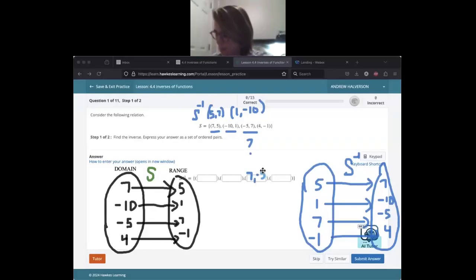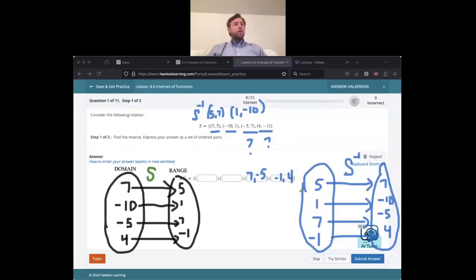And how about the last one? -1, 4. Right. So when you're finding an inverse, all you do is switch the domain and the range. Memorize that, because it's going to be the process. We're going to see this in another format, but it's going to be the same process. Switch the domain and the range. Let me pause here. Questions on anything so far?